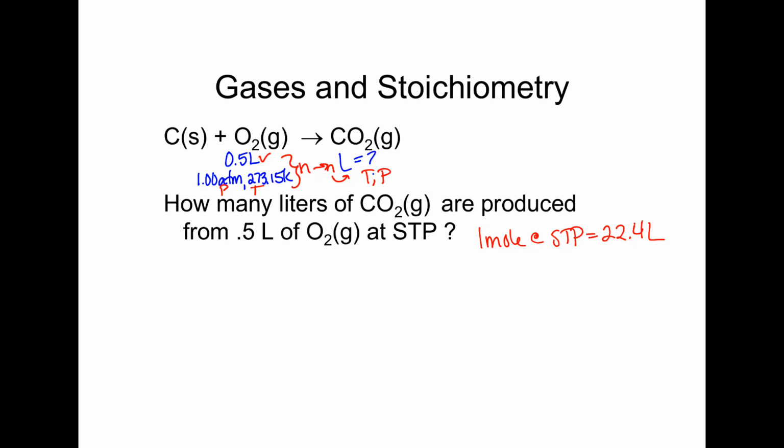What I'm going to do is start with my 0.5 liters of oxygen gas, and because we're at STP, I can say that 22.4 liters is 1 mole of O2. Then I can use a mole to mole ratio. They are in a 1:1 mole ratio.